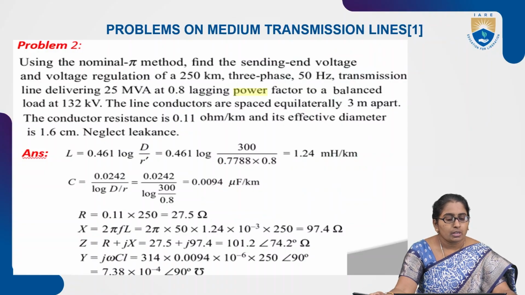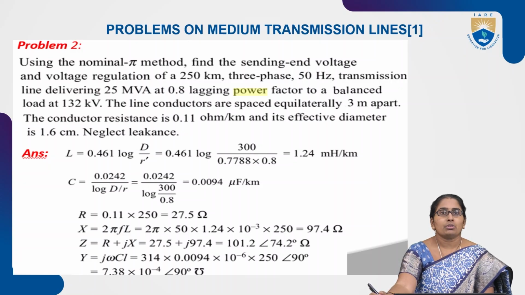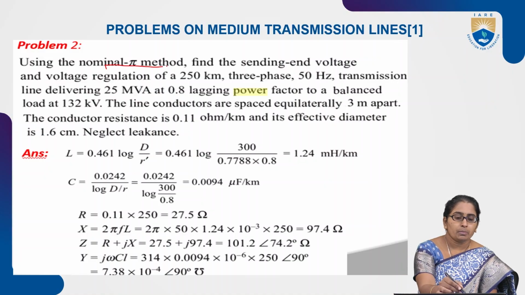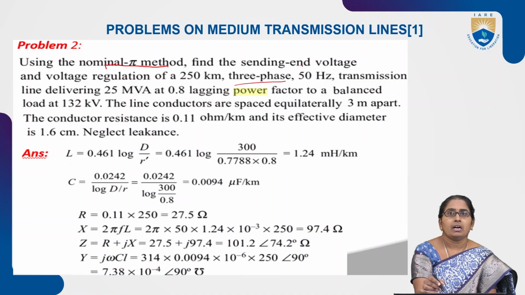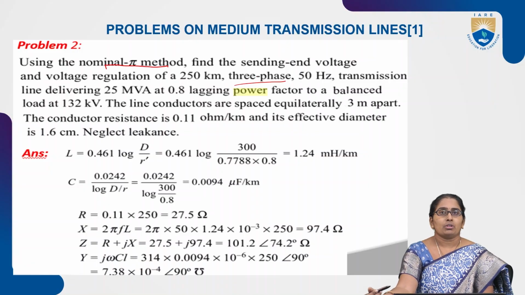Problem: using the nominal-π method, find the sending end voltage and voltage regulation of a 250 km, 3-phase, 50 Hz transmission line delivering 25 MVA at 0.8 lagging power factor to a balanced load at 132 kV. So a 3-phase line and the method are given. The system length is given as 250 kilometers. They clearly mentioned the method also.